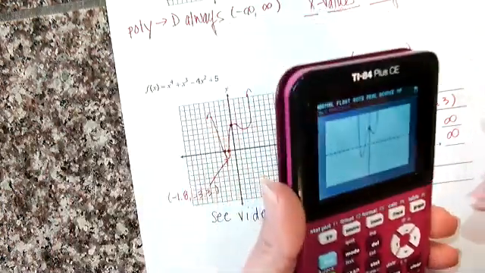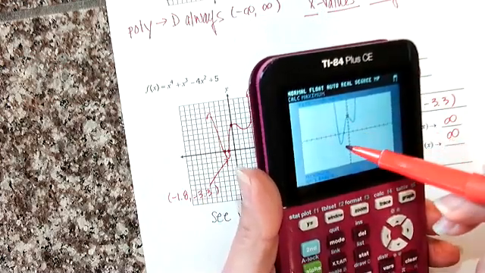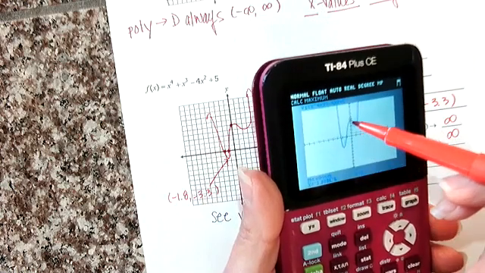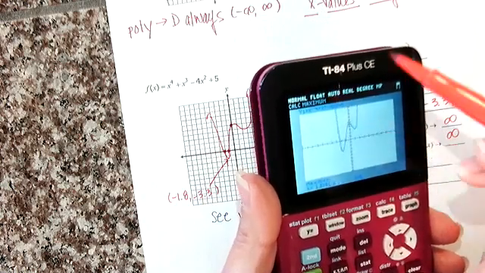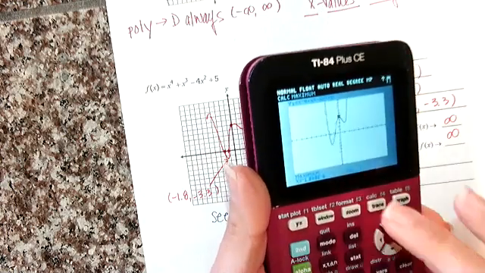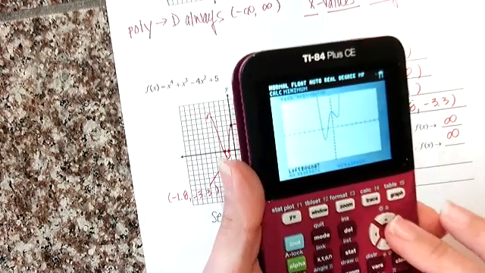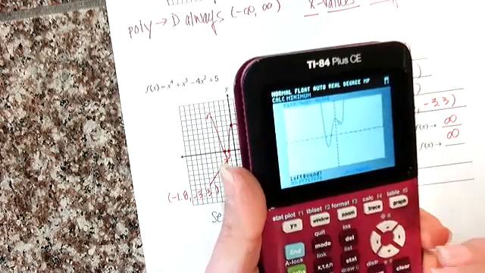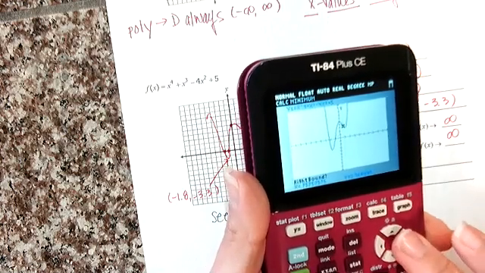You'll notice that there are 2 minimums. There's a turning point. The graph is decreasing till it hits that minimum, goes up, hits the maximum, decreases, and then increases again. So we have another minimum. So again, I did second trace. I want to find the minimum. Left bound, arrow and push enter.